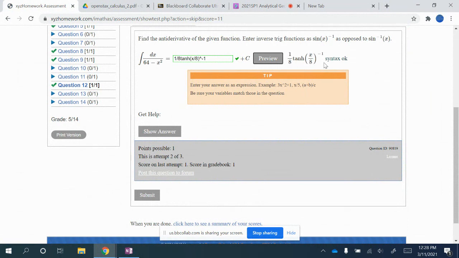So we have 1/8 times the inverse of the hyperbolic tangent of x over 8 plus c.